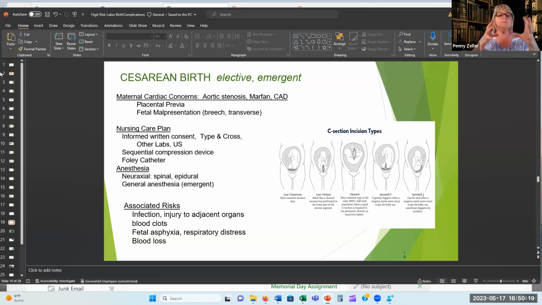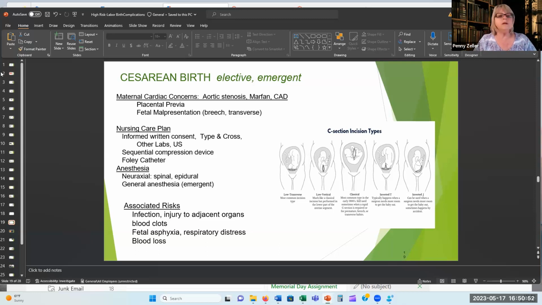Those are going to massage her legs alternately during labor and during recovery and until she's up and ambulatory. And then a Foley catheter, because you need to know if her urine is nice and clear and the bladder's not been nicked or something. She needs to be on I&O, and we need to know blood loss.